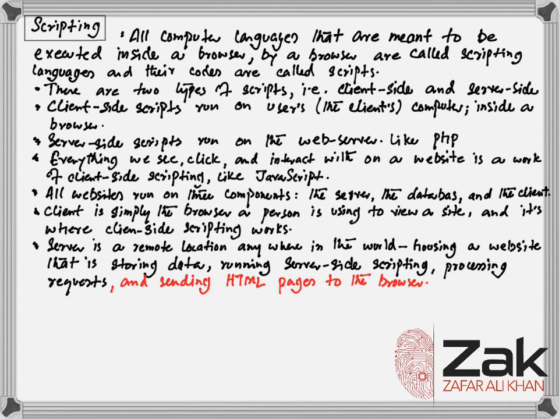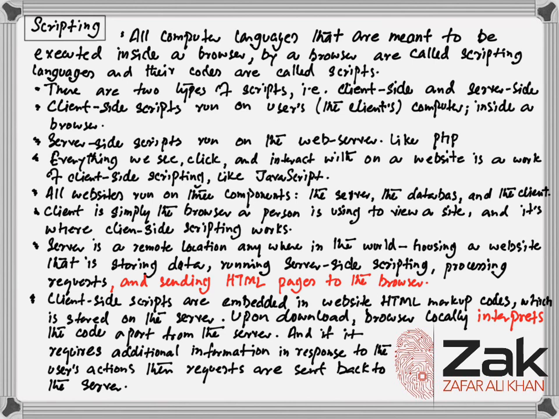I have written it in red because you need to pay attention to this part more than any other part. Client-side scripts are embedded in website HTML markup codes. HTML code is called markup code, so you don't have to be worried about it because HTML is not the concern of this particular lecture, and it is stored on the server.